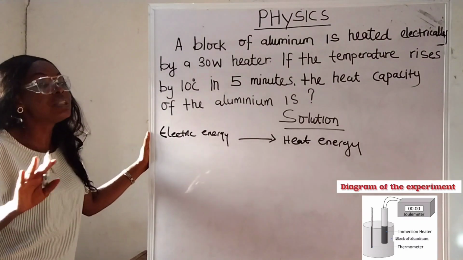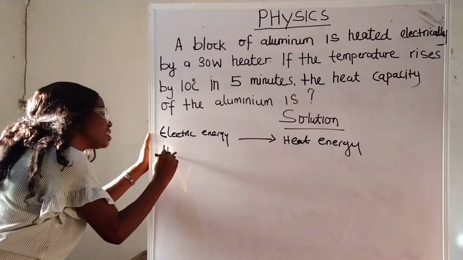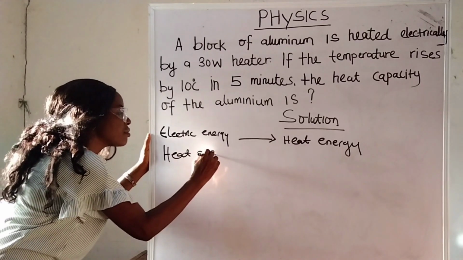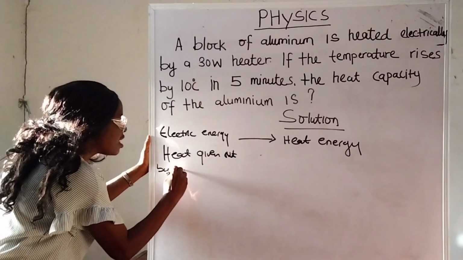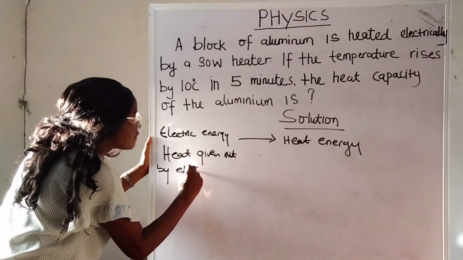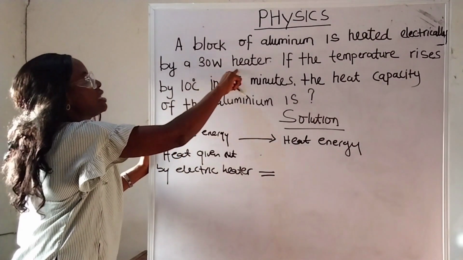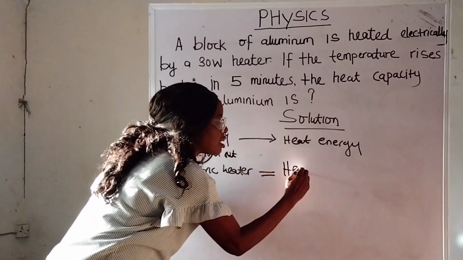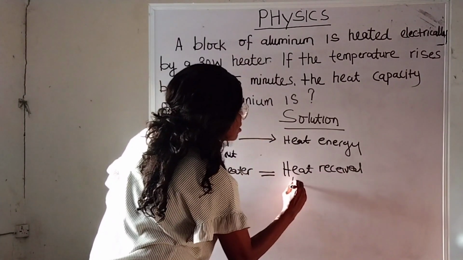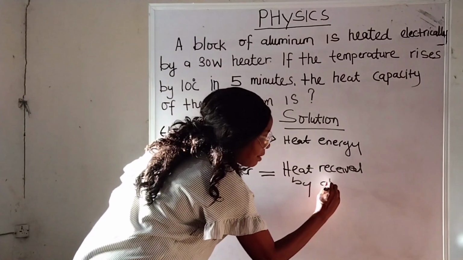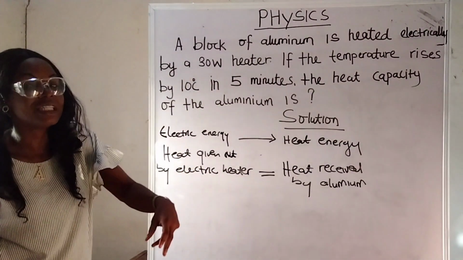And to uphold the theory of energy, which tells us that energy can never be lost, we now say that heat given out by the electric heater is equal to heat received by aluminium, because heat can never be destroyed, but it can change from one form to another, or it can be given from one object to another.